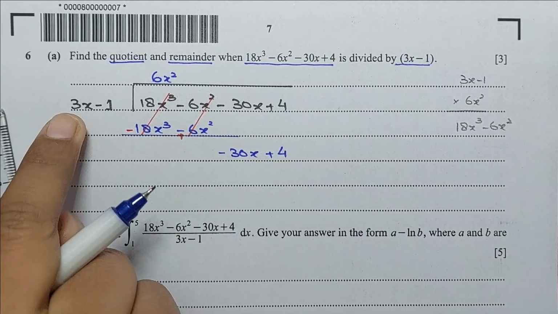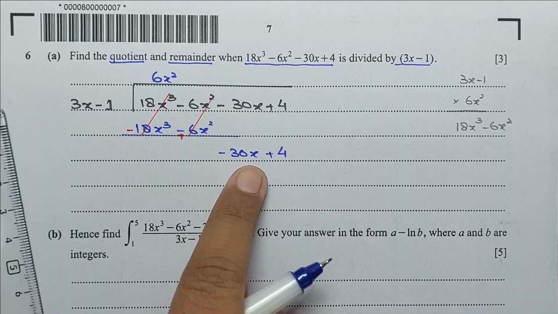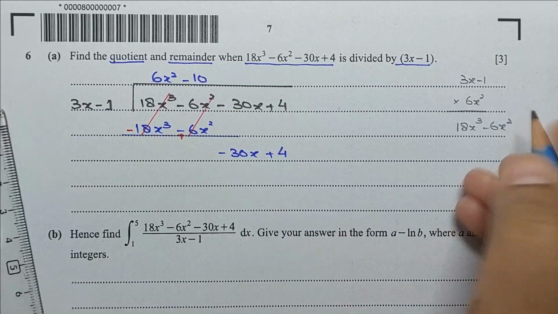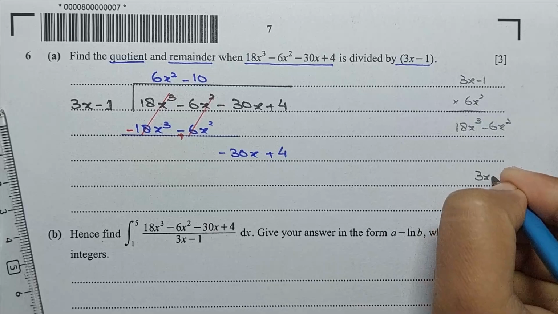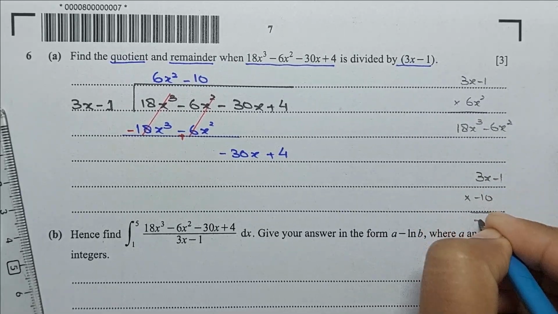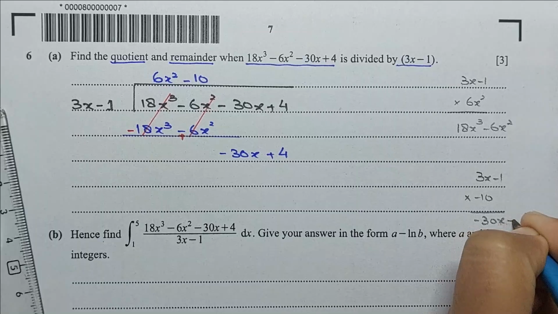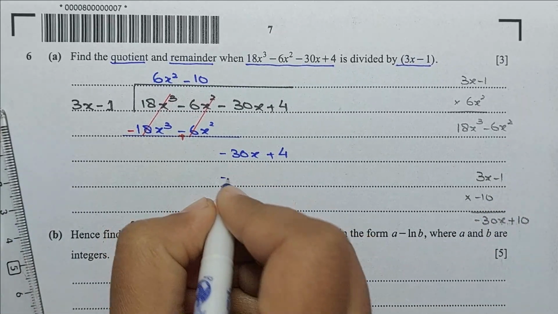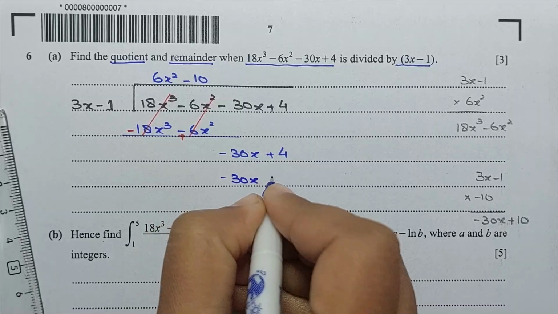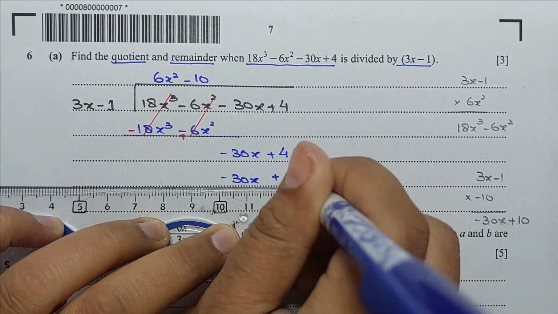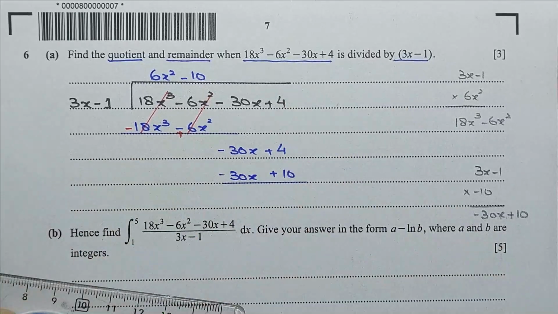Okay, so 3x makes minus 30x if I multiply by minus 10. So here you can see 3x minus 1 times minus 10. 3 times 10 is minus 30x, and minus times minus is plus 10. So here we have minus 30x and plus 10. Now the next step is to change the signs.